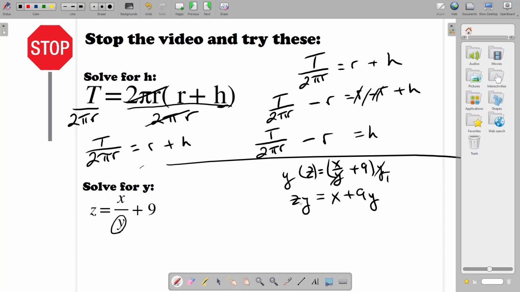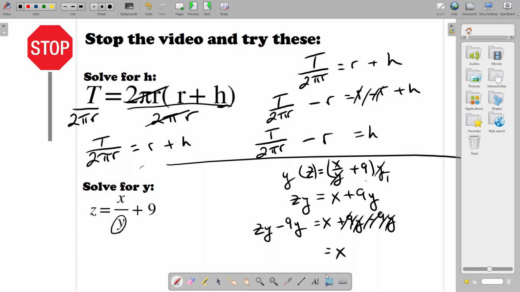I've got a y term over here and a y term over here, so I need to get them on the same side. So I'm going to take this side and subtract 9y, and I'm going to take this side and subtract 9y. Here the y's divide out.